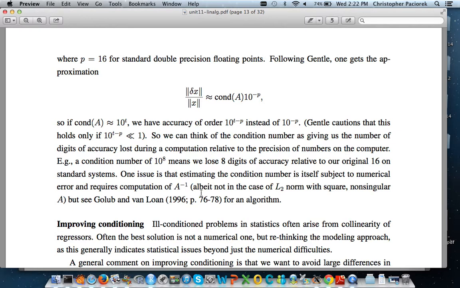Julie? Is it if K of A is 10 to the 16? Well, if it were 10 to the 16, then it would be 10 to the 16 times 10 to the minus 16, 10 to the 0, that would be 1. So this whole thing would be 0. Oh, so it has to be... Right. Sorry, the other way around. Yeah. Okay, so this would have to be small relative to that, right?